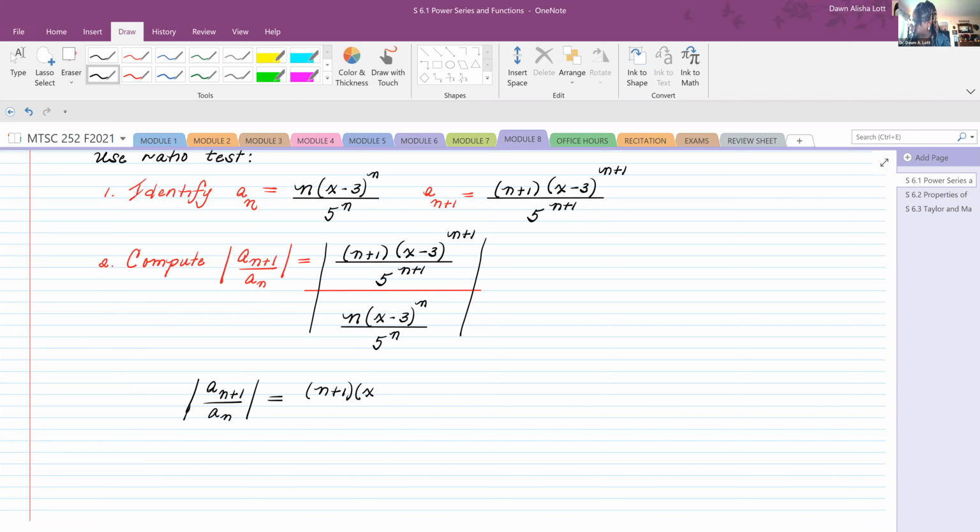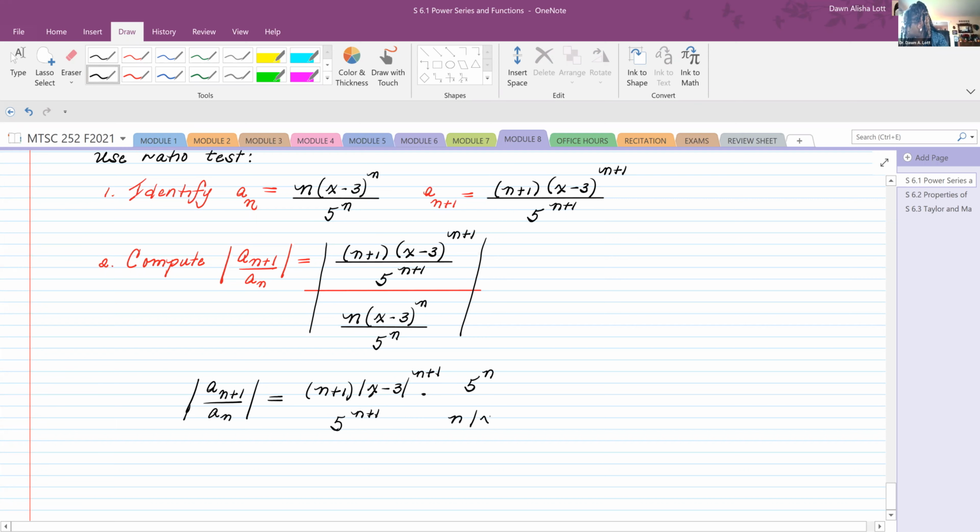n plus 1 doesn't need to be an absolute value anymore, it's positive. But the absolute value of (x minus 3) to the n plus 1 has to be in there. And then I get over 5 to the n plus 1, that's positive, so I don't need absolute value. Then I'm going to get 5 to the n, and then down here, n, and then the absolute value of (x minus 3) to the n.